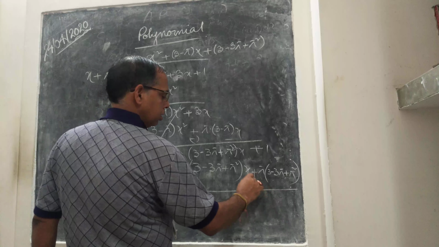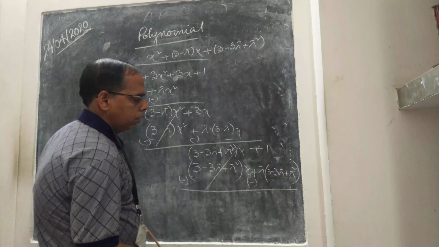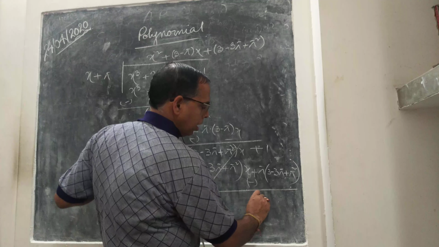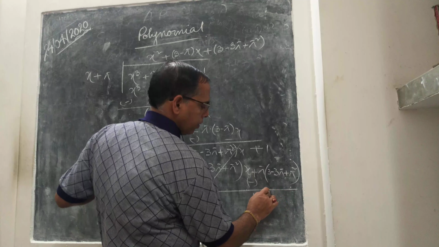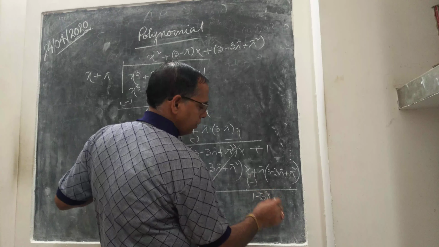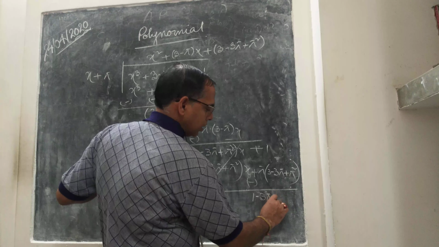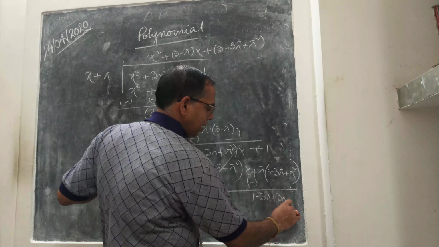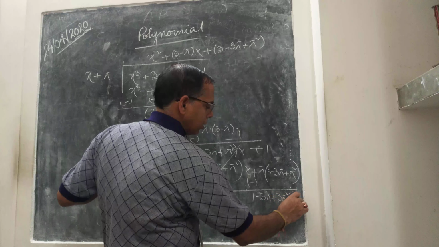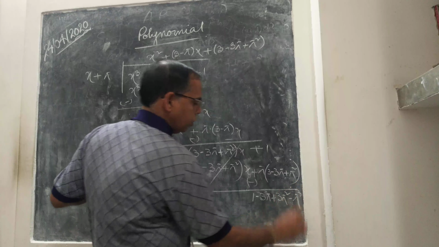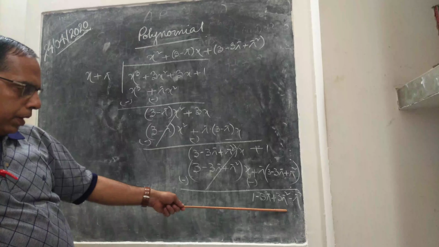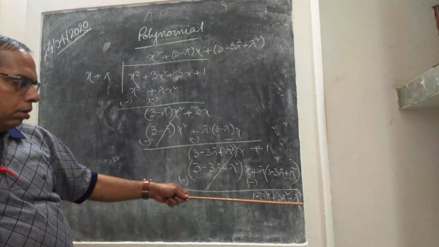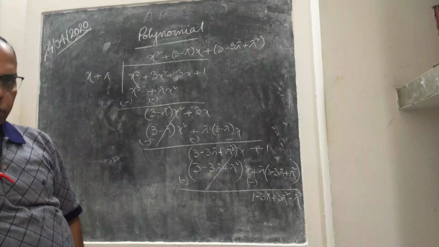Minus, this is minus, so it is gone. Then 1 minus 3π plus 3π² minus π³. So the remainder is 1 − 3π + 3π² − π³.